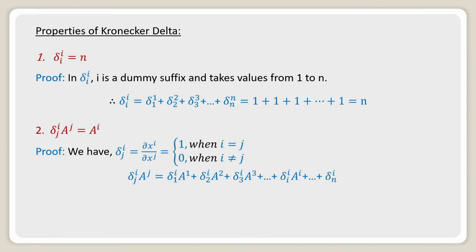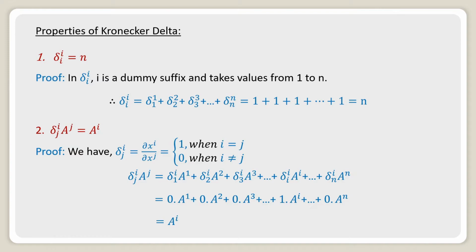So, here delta ij into aj can be written as delta i1 into a1 plus delta i2 a2 plus delta i3 a3 plus dot. At some point the value of j will be equal to i, so you will get the term delta ii into ai plus dot. The last term will be given by delta in into an.